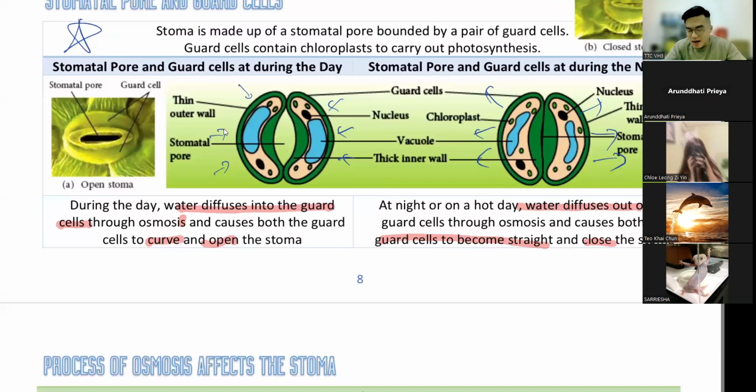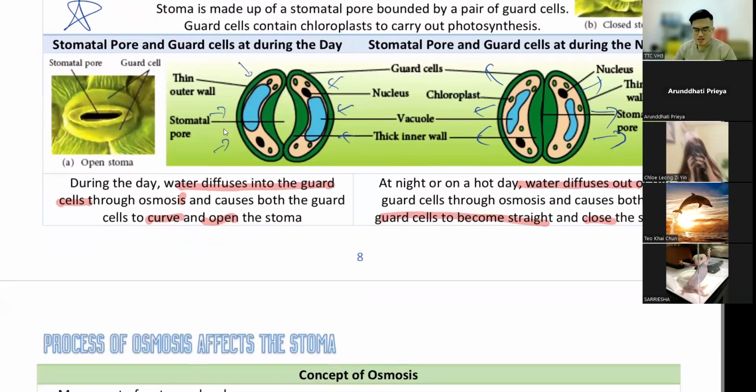Guys, two situations. Pay attention here. Not only do they close at night, they also close during the hot day, because they want to prevent water loss. You will learn this in the next chapter. Never mind, that one is next chapter.